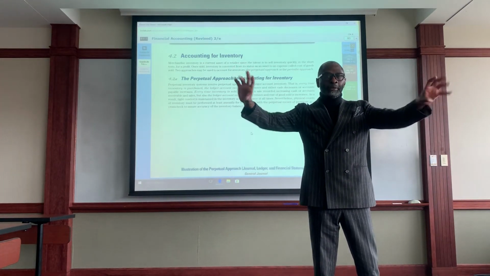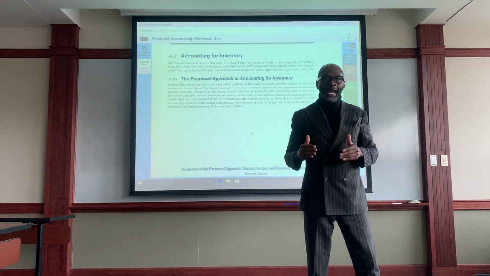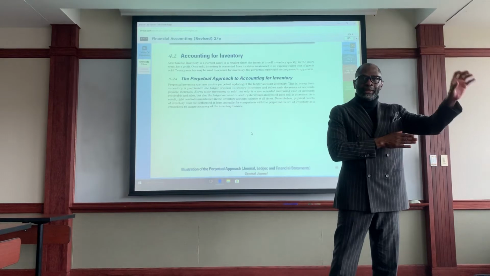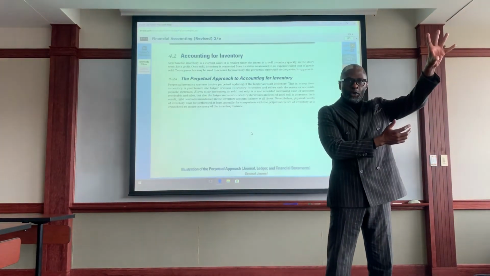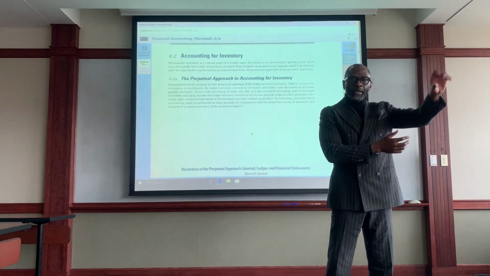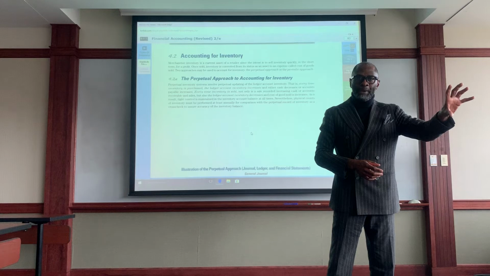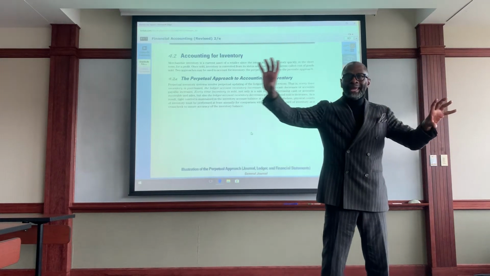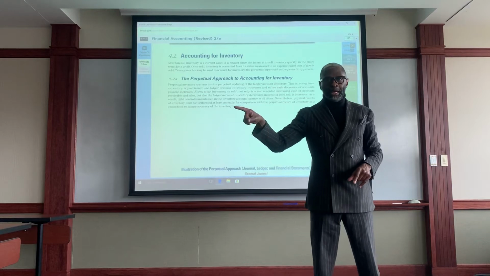Let me repeat that. As I'm buying inventory in the perpetual method, I am constantly increasing the ledger account for inventory. More inventory increases the inventory balance. As I sell it, I am decreasing the inventory balance on my balance sheet and then increasing cost of goods sold on my income statement.